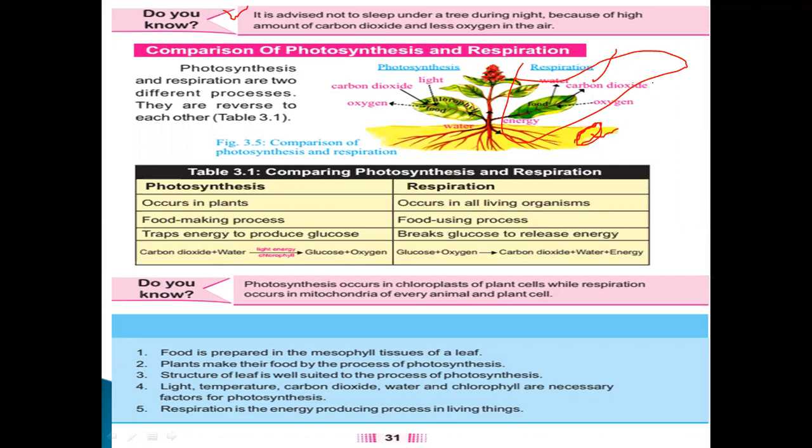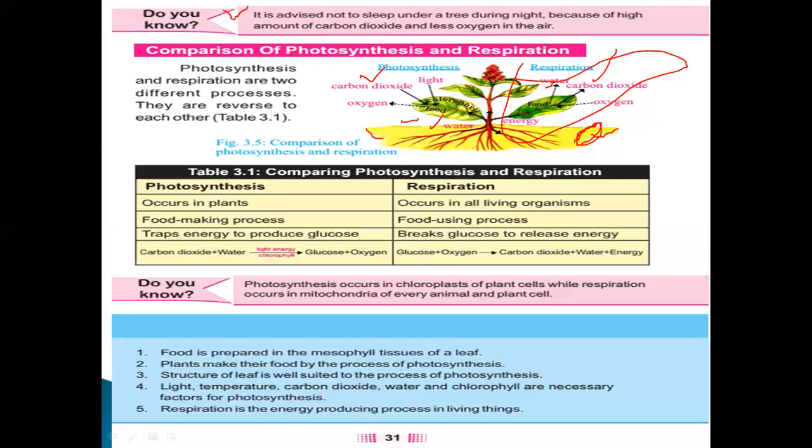This is the scientific reason: in respiration, water, carbon dioxide and energy are produced in the night time only, but in the daytime photosynthesis is also done side by side, so we can sleep under the tree in the daytime and we get fresh air because it is also producing oxygen. Oxygen is produced in more quantity in daytime and plants use little oxygen from that for respiration.